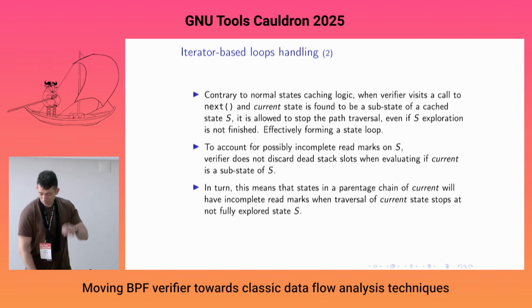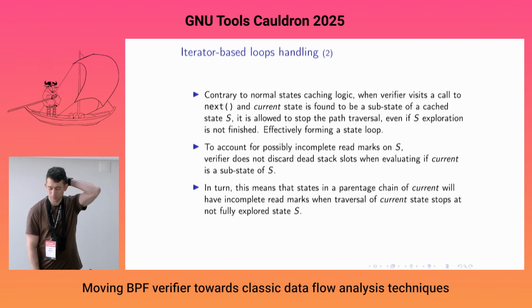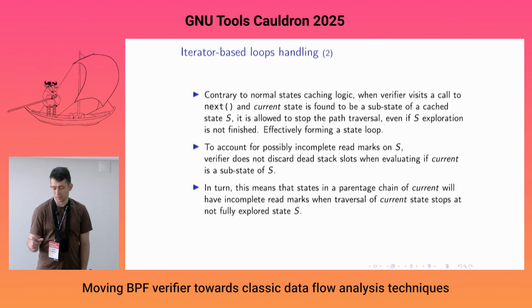And contrary to normal state caching rules, the verifier is allowed to prune states at the call to next even if the state is against some superstate S, where the exploration of this superstate is not yet complete. So basically, we are in a DFS and we found the back edge.